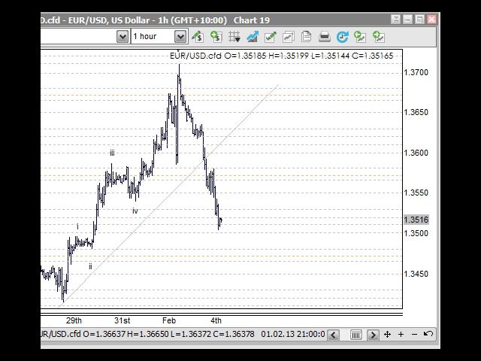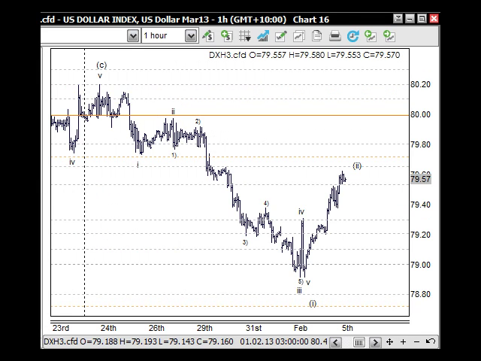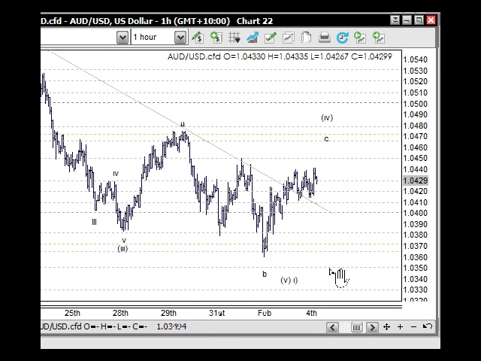The Australian dollar, no real change in the Australian dollar, in that we're still looking for this wave 5 here, this wave 1 low through here. There's a couple of ways to count it, such as I mentioned before, the wave 4 here in terms of an A, B, C for the B wave, and a C wave to come back up through here.